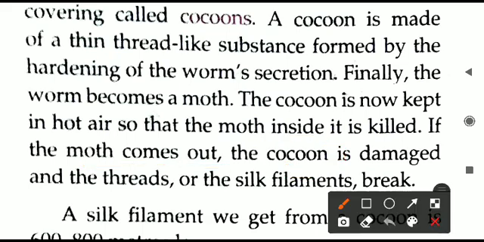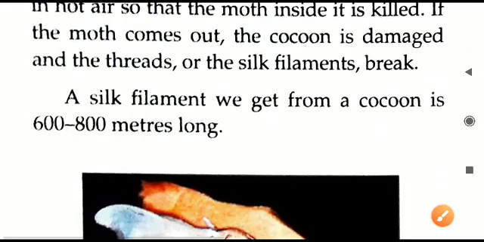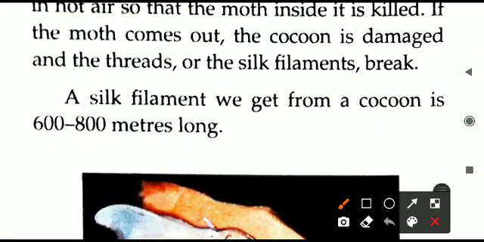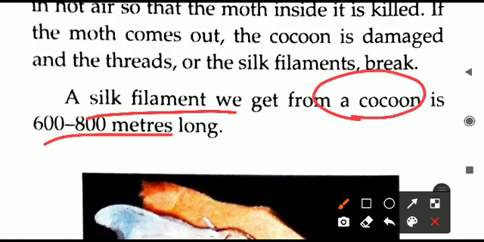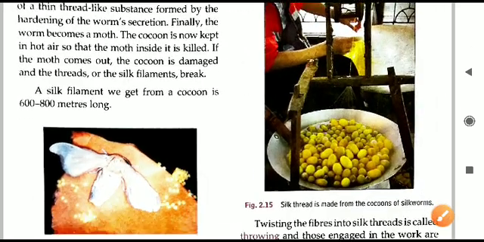As a result, we can use that cocoon or the threads that the cocoon is made up of. Those threads are the silk filaments. These are what we use to produce silk clothes. The silk filament that we get from a single cocoon is around 600 to 800 meters long.